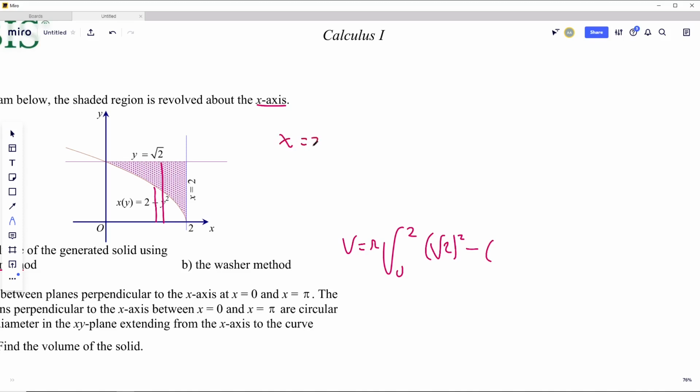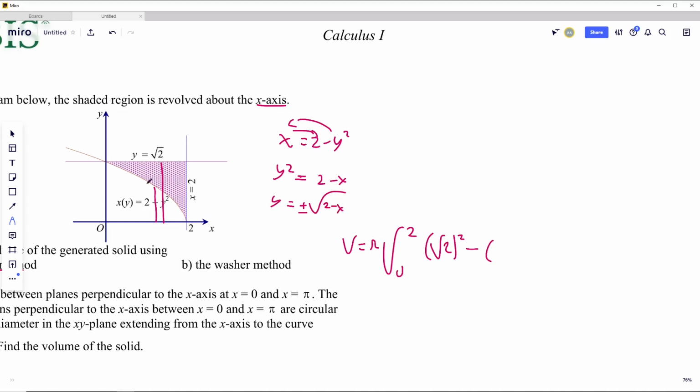So x equals 2 minus y squared. So y squared equals 2 minus x. So y equals, technically, plus or minus square root of 2 minus x.